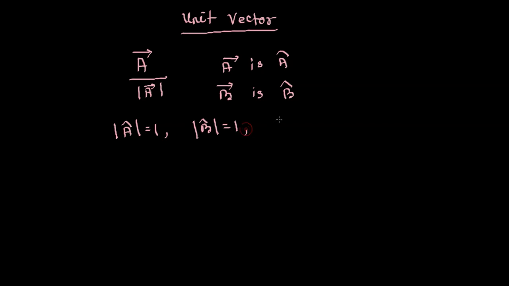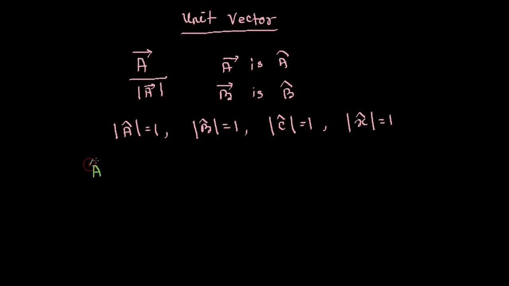What is the magnitude of C cap? That is also 1. What is the magnitude of X cap? That is also 1. So I hope that you people are getting interested to read it and understanding the situation.